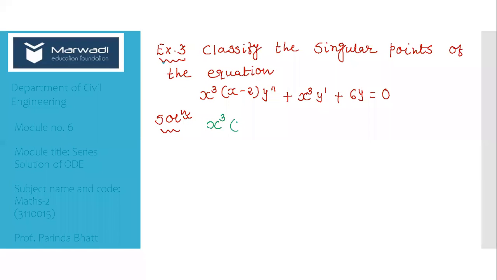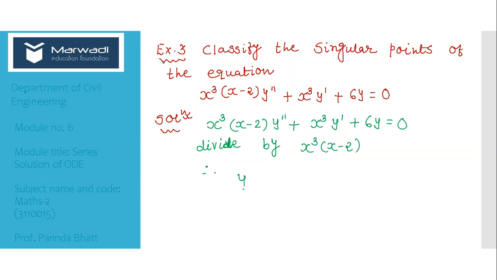x cube (x minus 2) y double dash plus x cube y dash plus 6y equal to 0. Now, divide this equation by x cube (x minus 2).